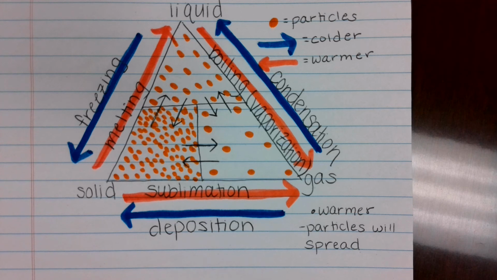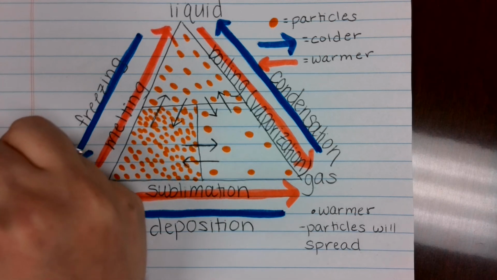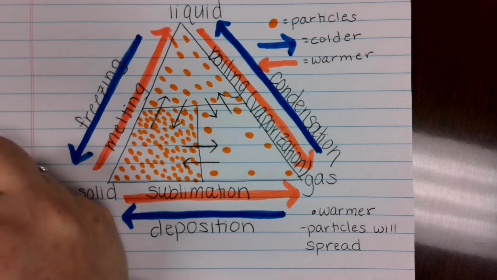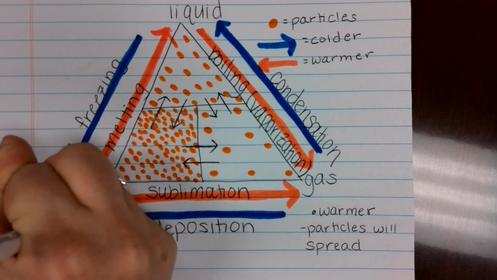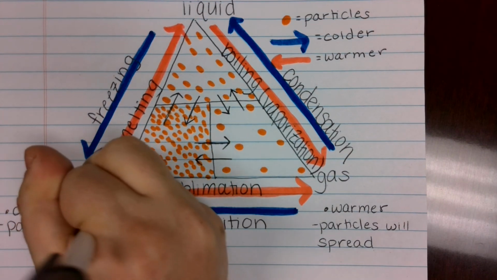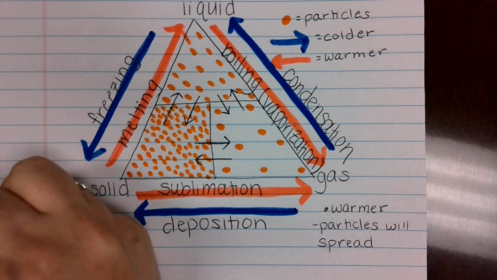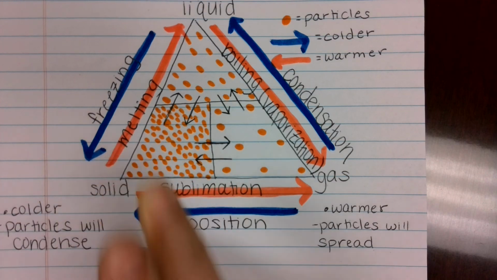Everybody's all sweaty. If it's colder, your particles are going to condense. I like to think of it as penguins in the snow. Penguins huddle together for warmth, just like those particles.